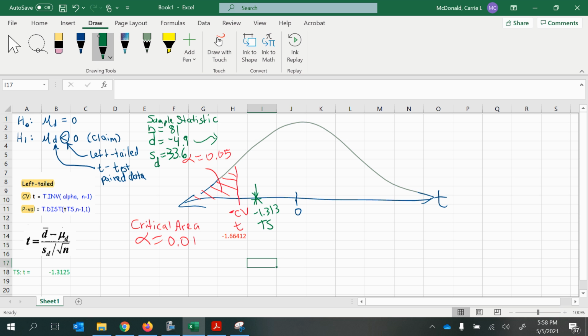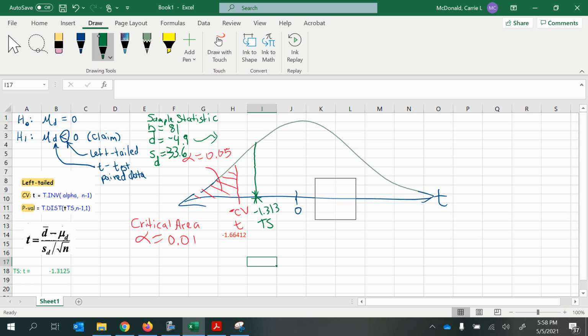Notice I use a little star to note my test statistic. Then my area to the left of this, all the way into the tail, is my probability of getting this test statistic, or one that is even farther away from 0. So that's why we call this P for probability, p-value. The area there is a left area.